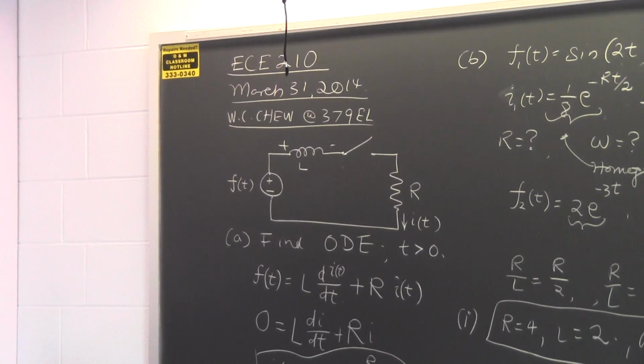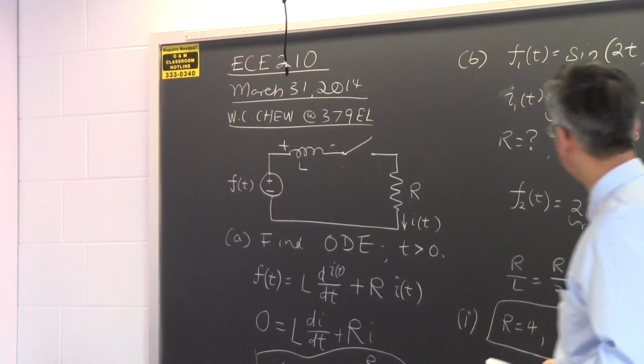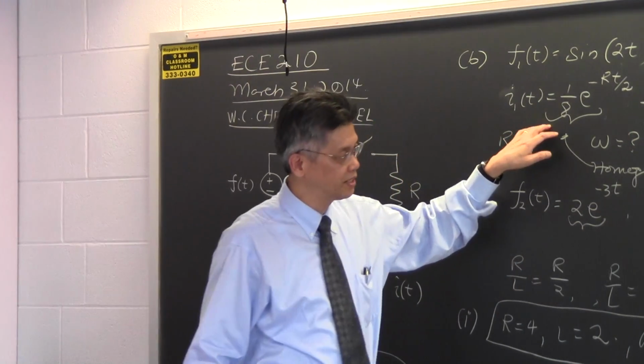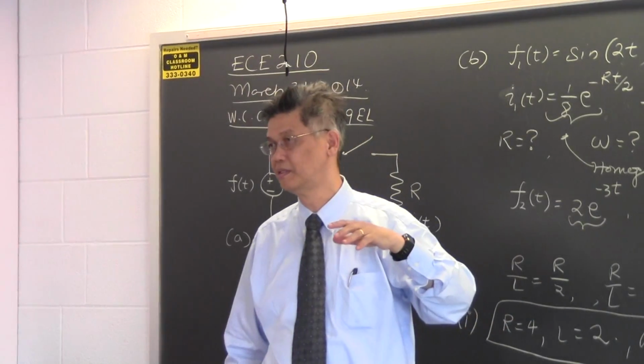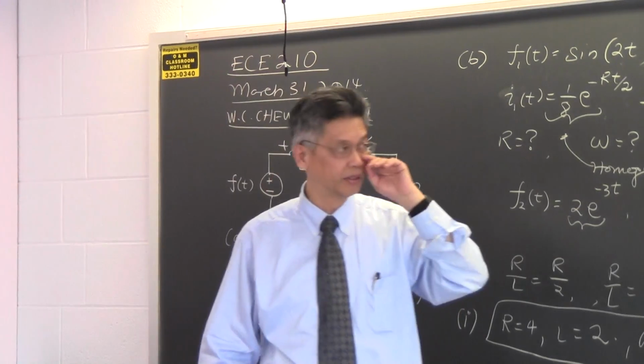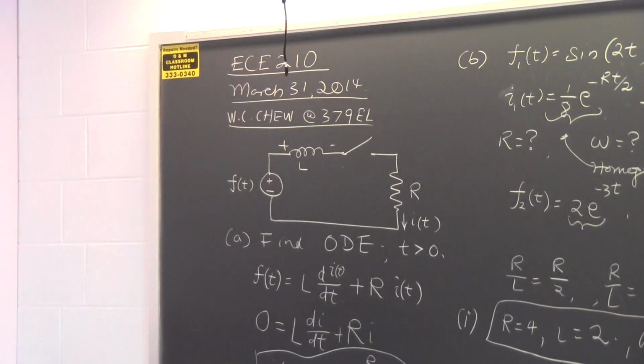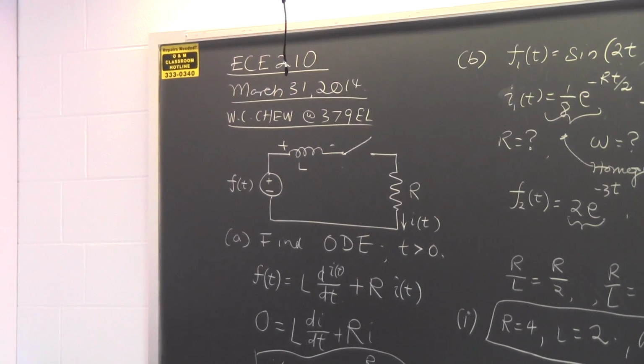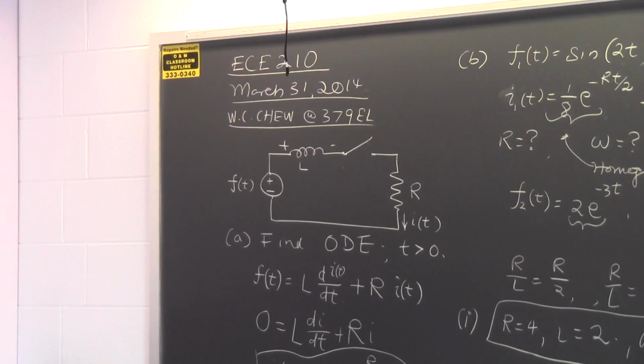It's not 3. So the third part is a little bit tricky, and you have to understand what steady state response means. Steady state response means that if you let time become very large, all the exponentially decaying terms disappear. So this is t going to infinity, and the transient response goes to 0.